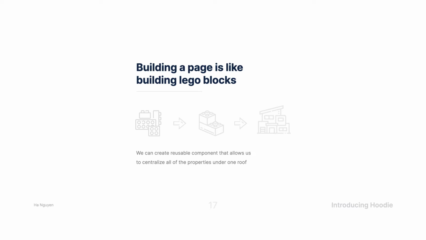Simple as that. No, actually, you still have to work with the instructions and the logic, but as you can see, there's a lot of burden that's been taken off so that you can focus on other more important things. But anyway, the idea is to create this reusable component that allows you to centralize all those properties under one roof.